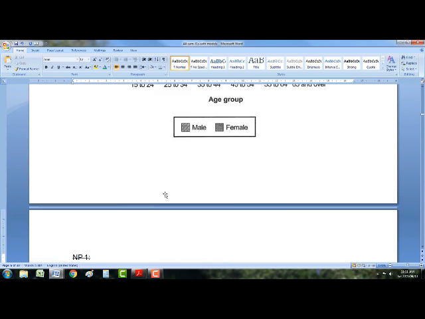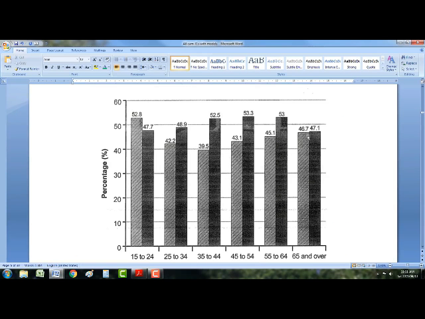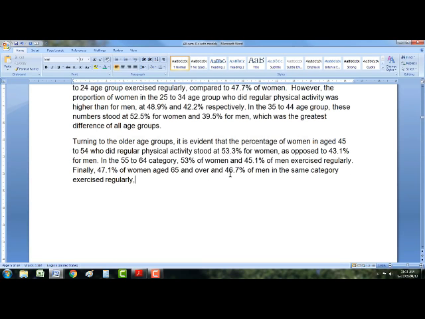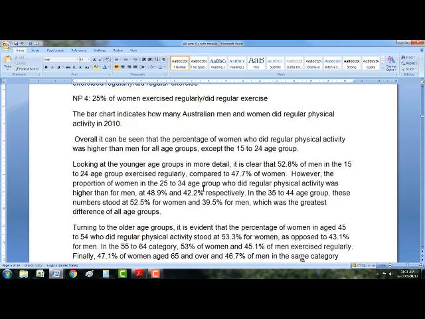Then here we can do the comma which. You should mark these comma whiches, which was the smallest difference of all the age groups. Comma which, very important. And there you go. Okay, that was a lot.